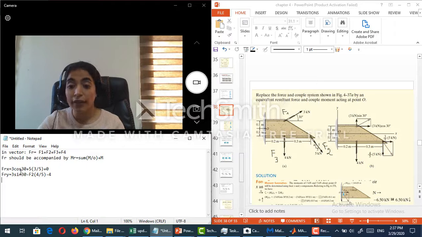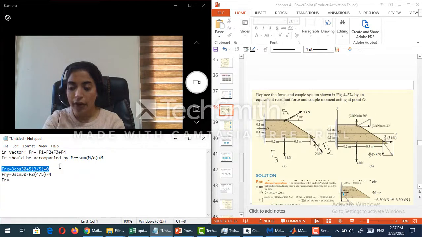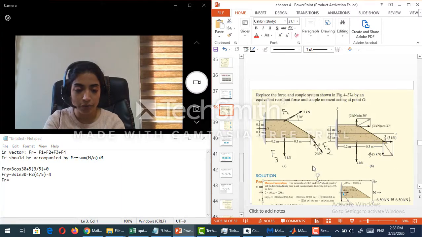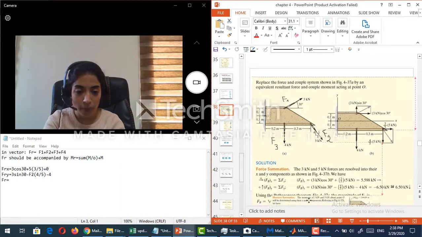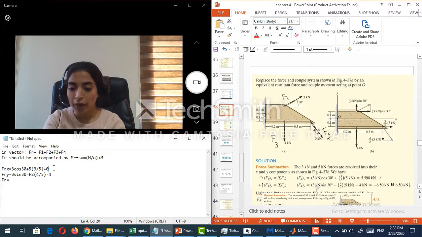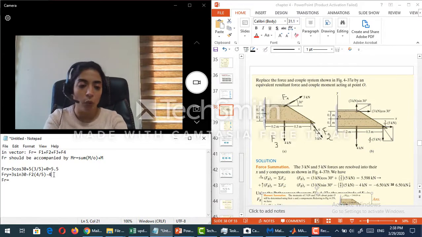Now I should find F resultant. Basically F resultant is FRX i plus FRY j. FRX is equal to 5.5 and FRY is equal to minus 6.5.